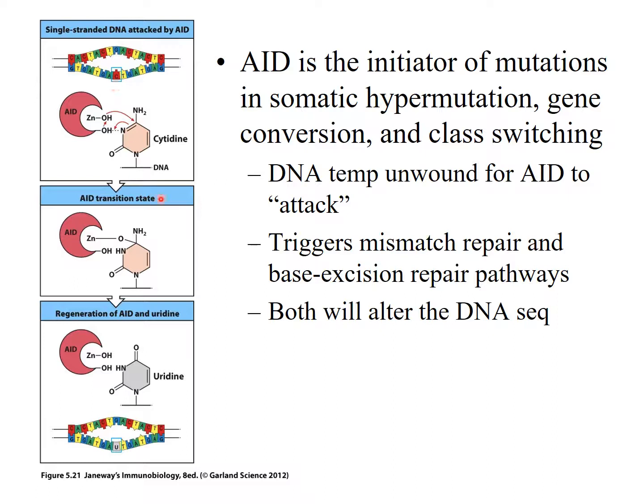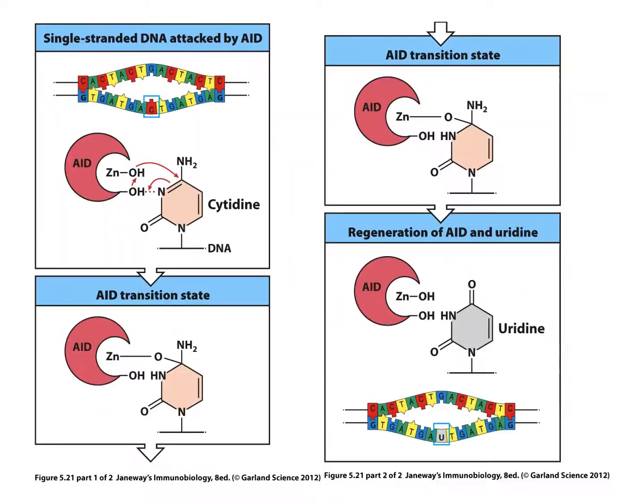Instead of being G to C, you are now G to uridine, which is not a DNA nucleotide. So you end up with something that is quote-unquote normal in DNA, and now you get something that is uracil-like, and should only be in RNA, maybe.